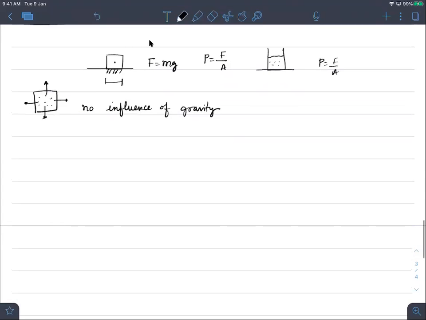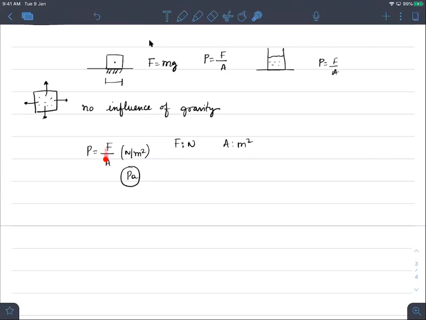In fact, if you want to calculate the pressure, then we have to know how much force is acting. So theoretically, how do we calculate? Pressure will be equal to force by unit area, where force is defined in newtons, area is in meter square. So the units will be Newton per meter square or pascals. Okay, this is the unit we generally use in the SI system.